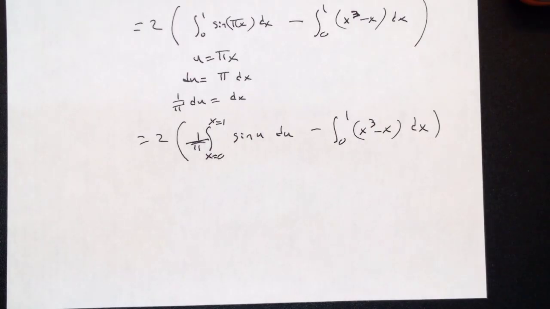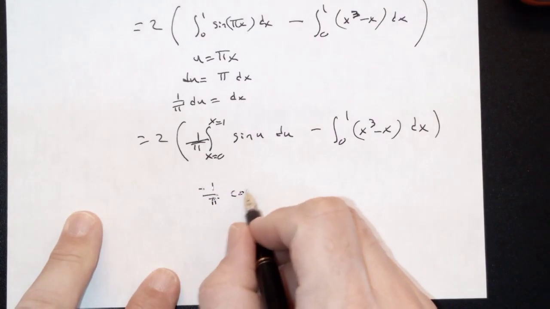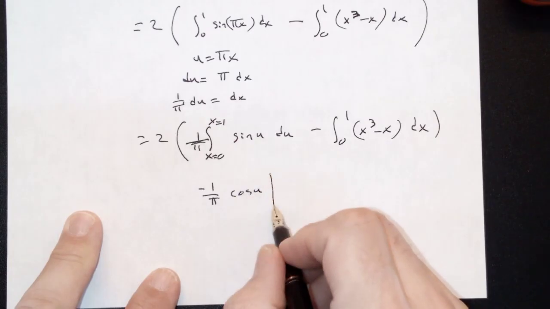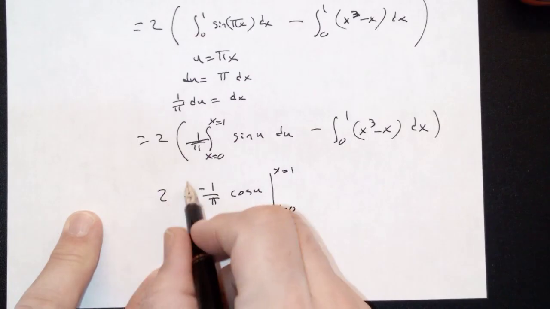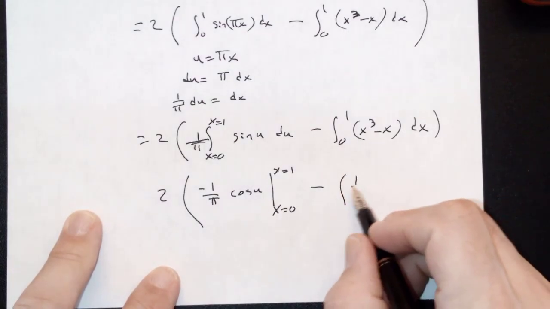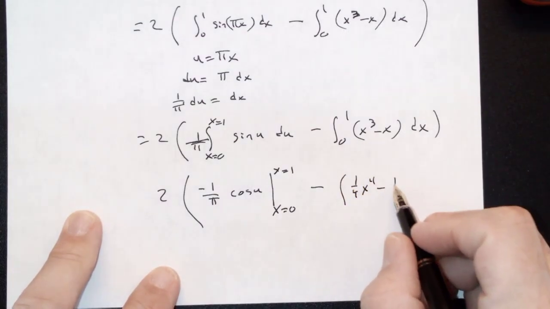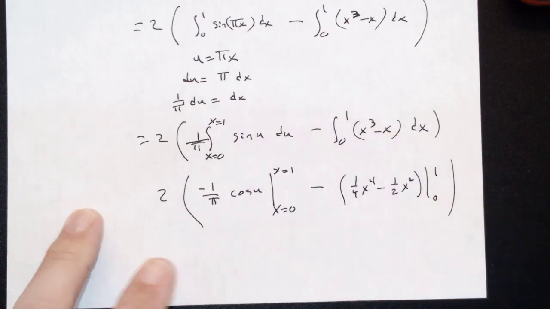What's something whose derivative is sine u? The negative of the cosine. So I get minus 1 over pi cosine u evaluated x equals 0, x equals 1, minus, and now I do the antiderivatives over here. 1/4 x to the fourth minus 1/2 x squared, evaluated from 0 to 1.